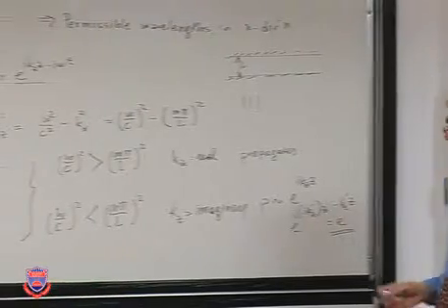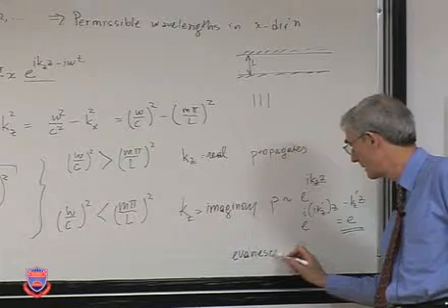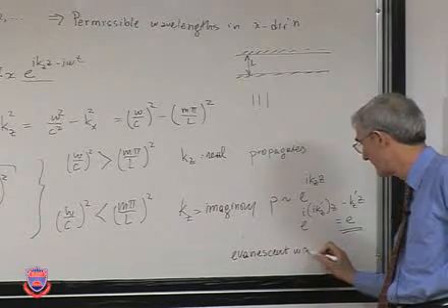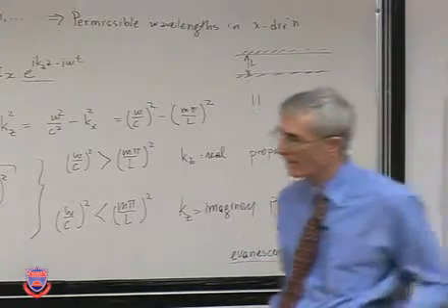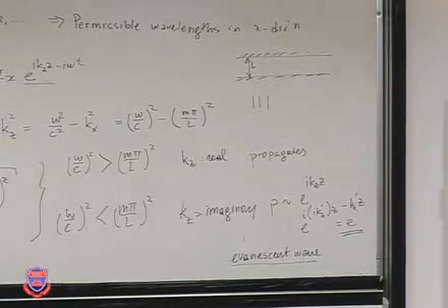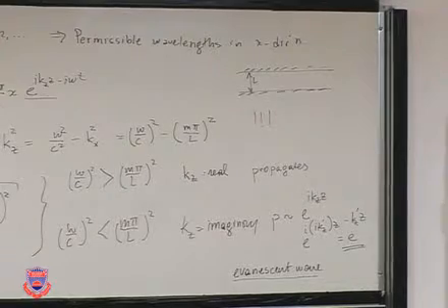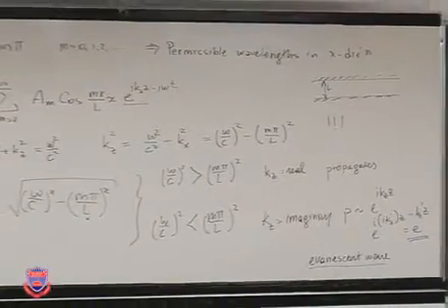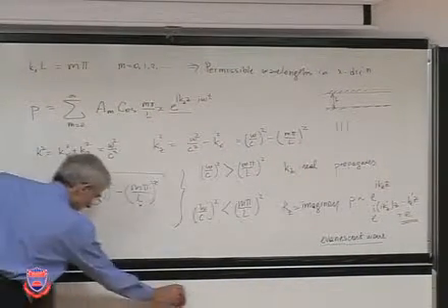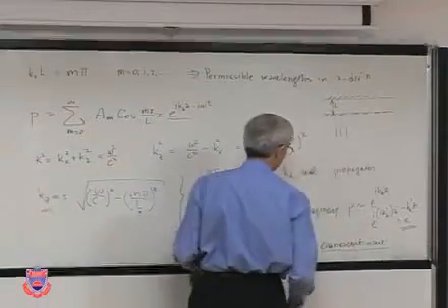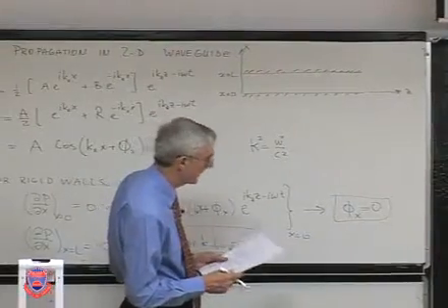And it becomes what is called an evanescent wave. It dies out very soon. Let's see what that all means, okay?